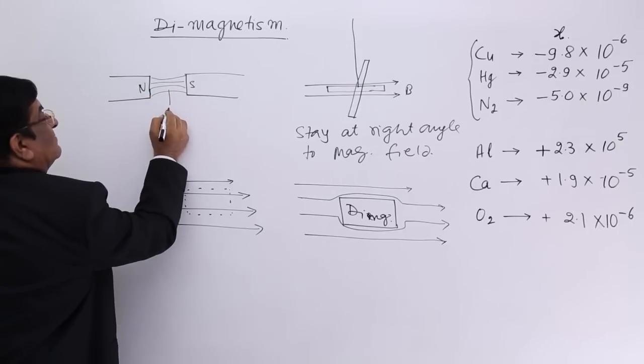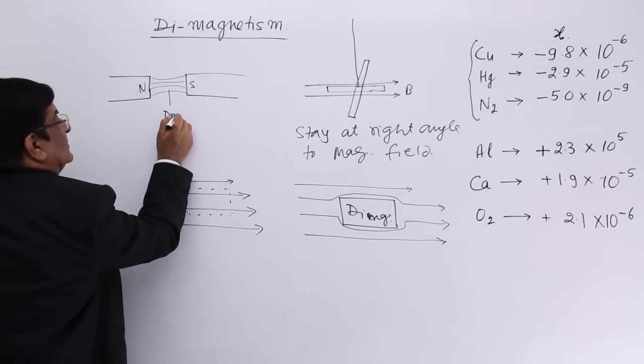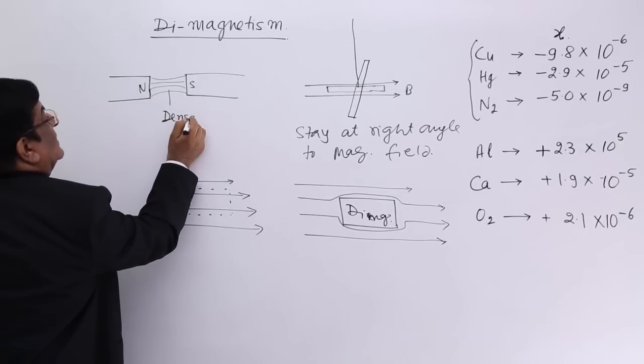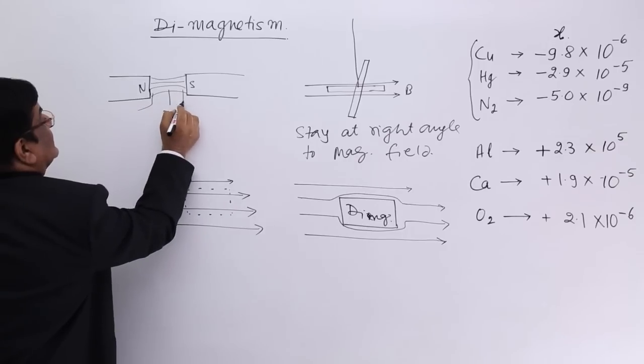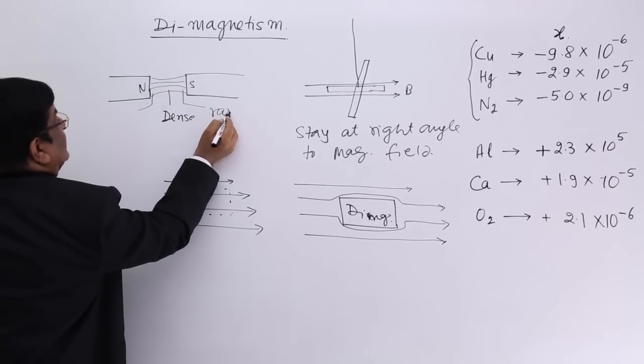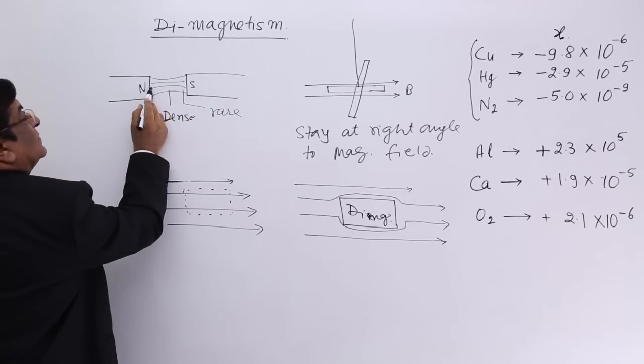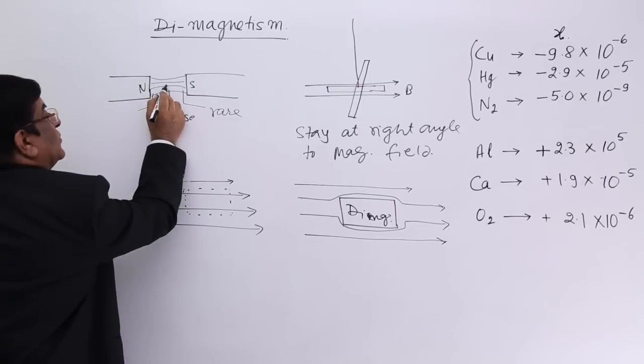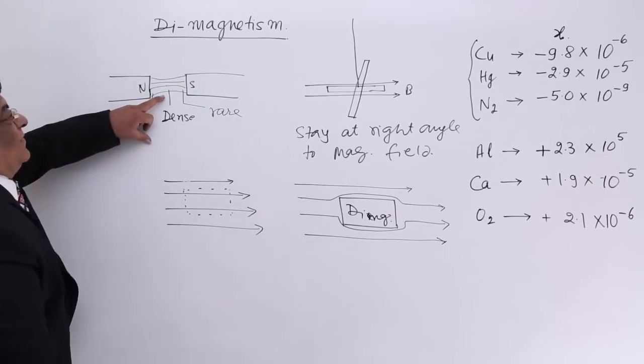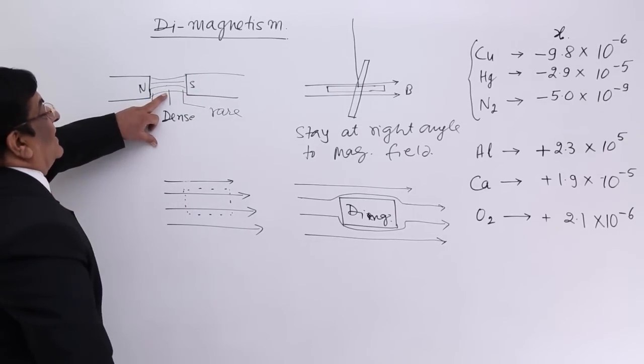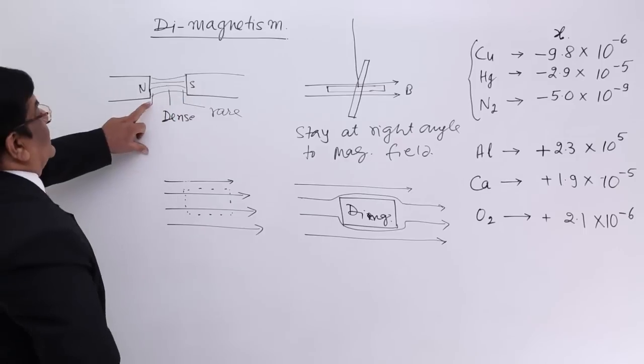Here the magnetic field is dense, and here it is rare, because this pole and this pole both join here, so here the field is stronger and here it is rarer.